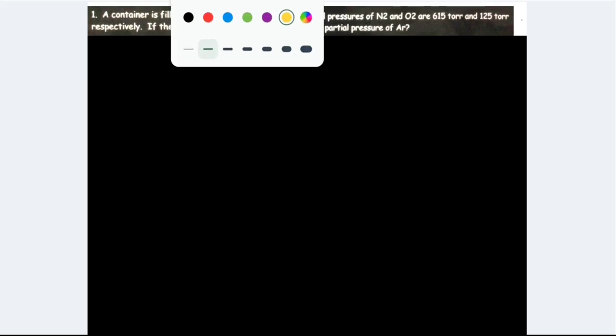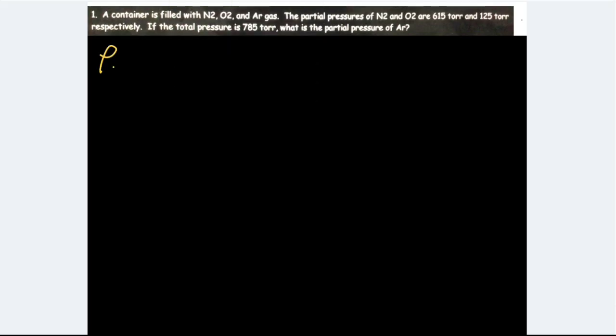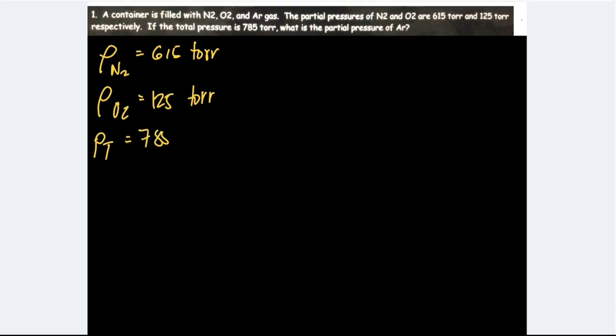So we're given the partial pressures of nitrogen and oxygen. It's 615 torr, and oxygen is 125 torr, and total pressure is 785 torr.